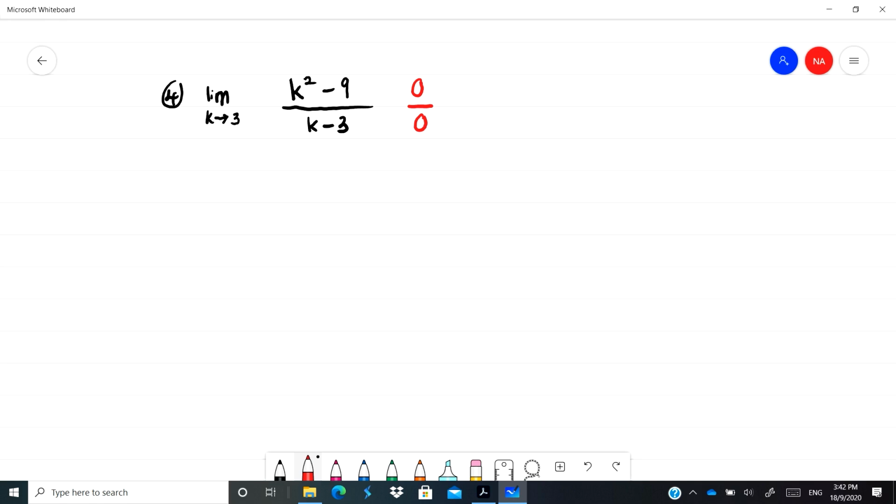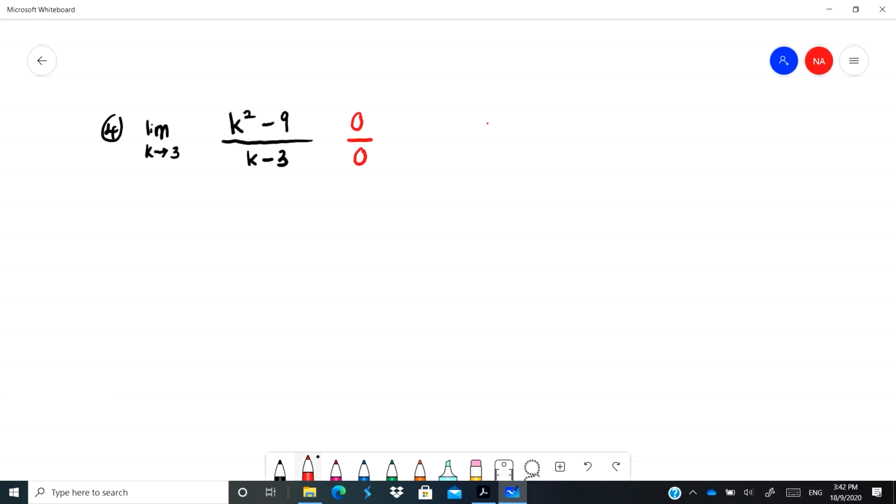So what you have to do is factorization. If you recall your algebra, a squared minus b squared can be factorized as a plus b times a minus b. So same as this, if you factorize it, you'll have k plus 3.